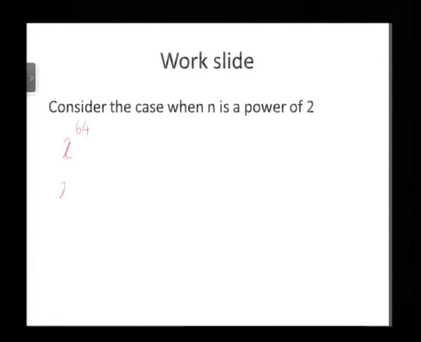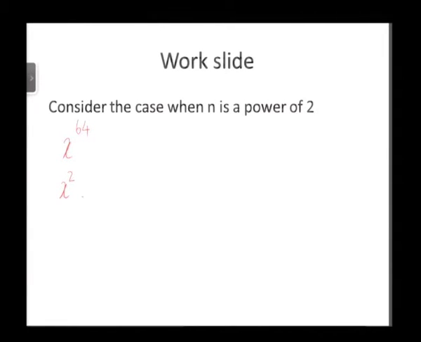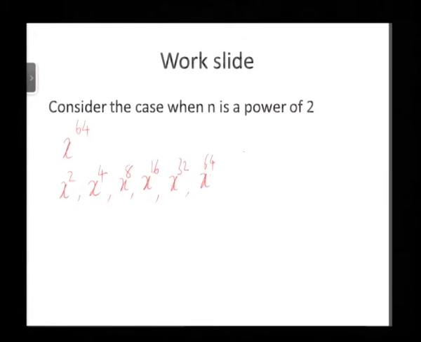We start off with x square, then we compute x power 4, then x power 8, then x power 16, x power 32, and finally we compute x power 64. Observe that at every step the exponent keeps getting doubled. So, the most important concept here is that the exponent doubles at every step.